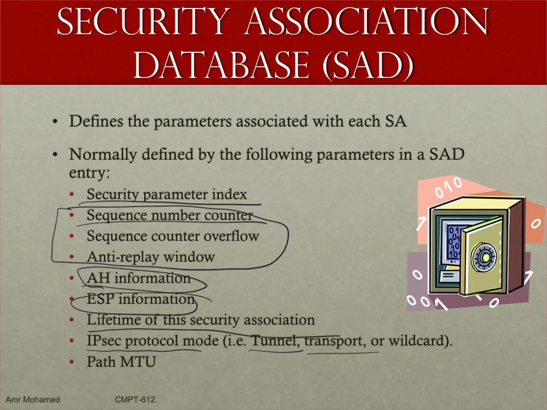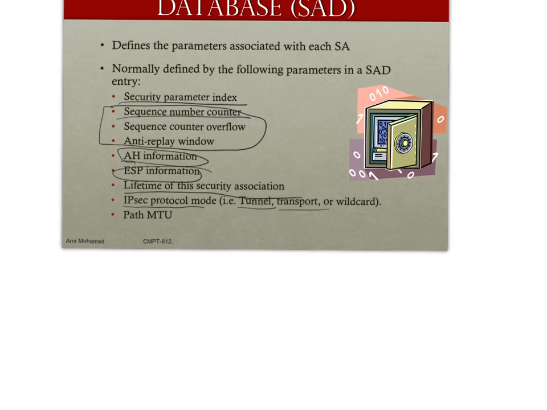No, the size. 1,500. What does this represent? The maximum size of the frame that can be transmitted over this link. What is this used for? For segmentation? It's called what? Fragmentation. Bravo. Yes.